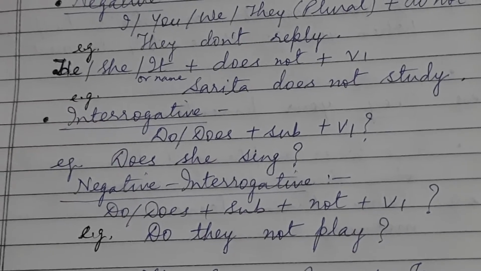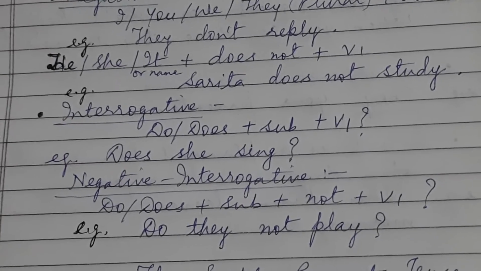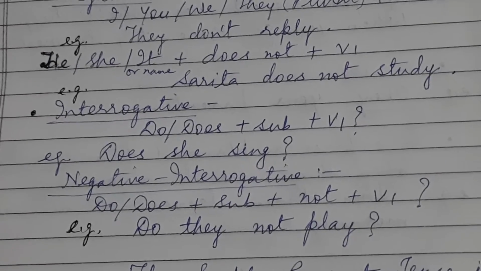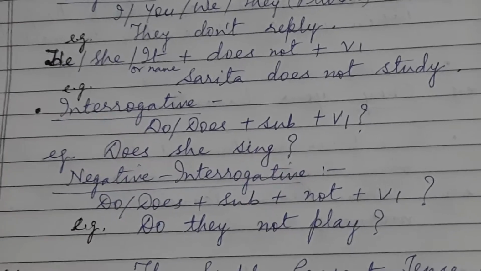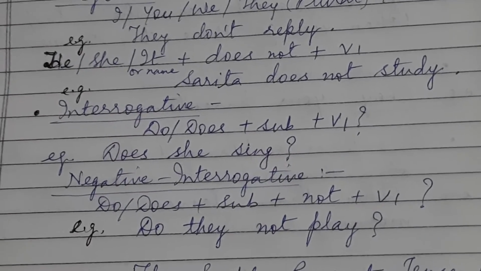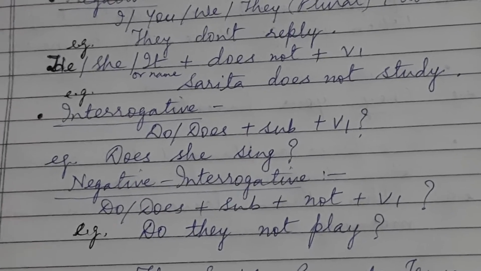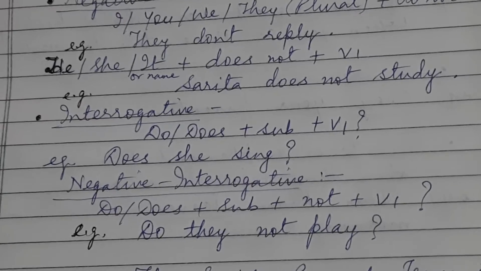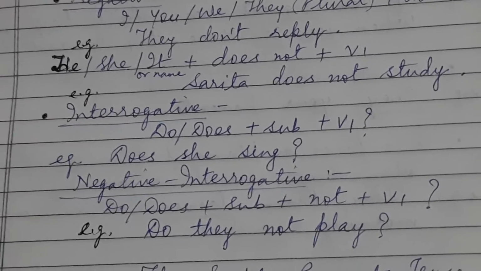For example, Sarita does not study or Sarita doesn't study. We can never ever say Sarita do not study because Sarita is someone's name and it is singular. They do not study. They don't study, but she doesn't study. He doesn't study. Okay?